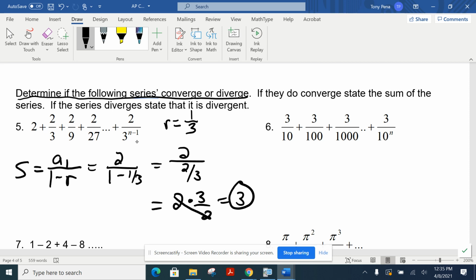Number 6, we did this one as well, correct? This one we said had a sum of 1/3, so this better work out to be a sum of 1/3. So we're going to know it converges because our ratio would have been 1/10, so it's less than 1. If I now ask you to find the actual sum, instead of having to write them all out and add them all up, even though this one is pretty simple, we could just do the first term of 3/10 divided by 1 minus that common ratio of 1/10.